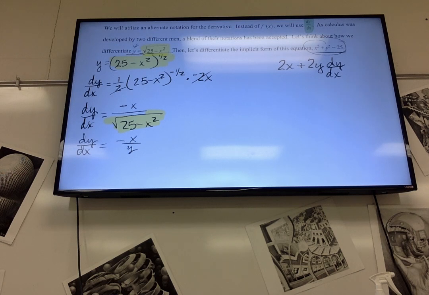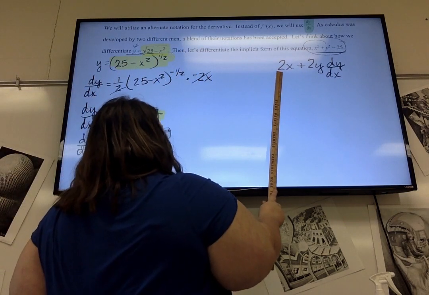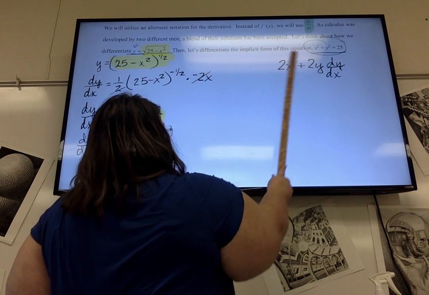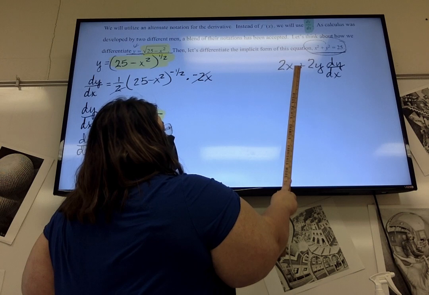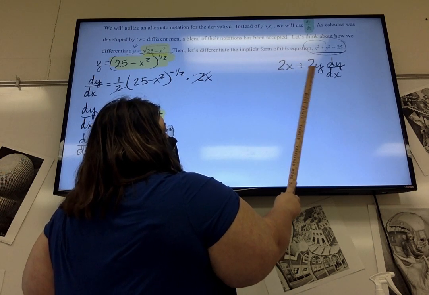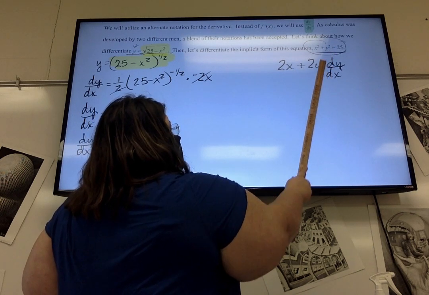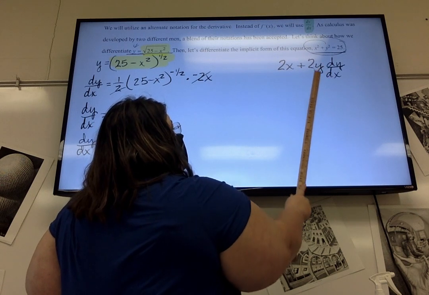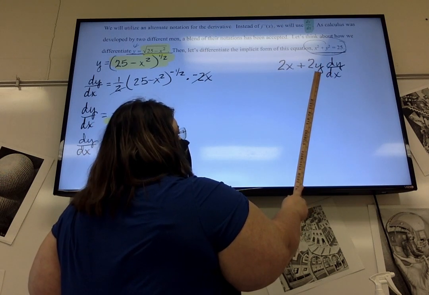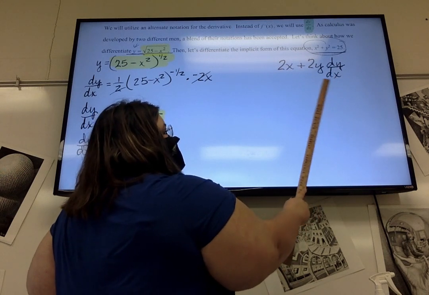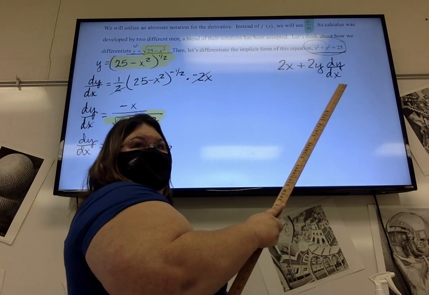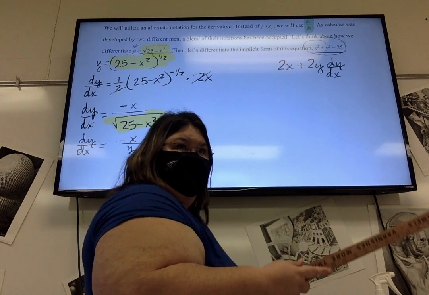That's why it's dy dx and not just 1, because it's with respect to x. So that's where the dy dx is coming from.